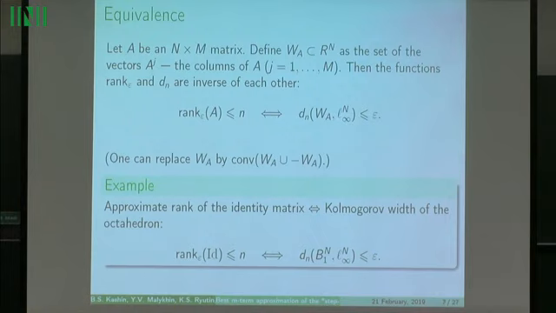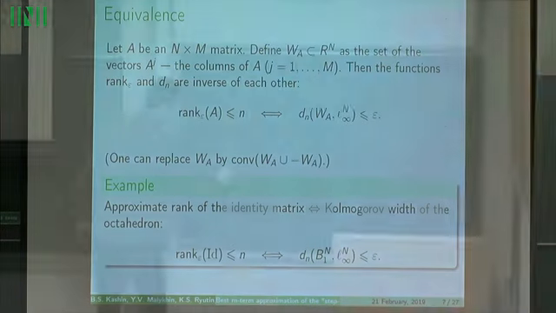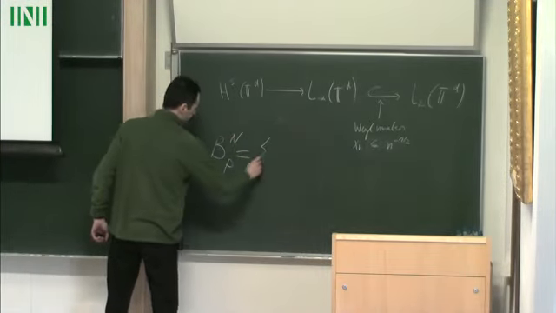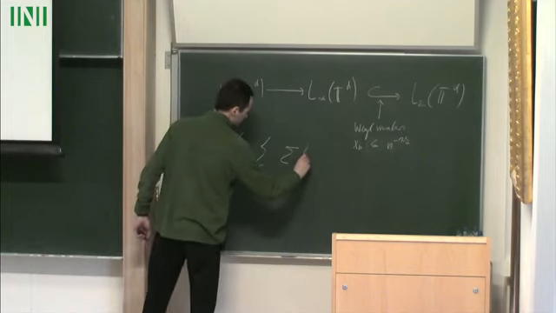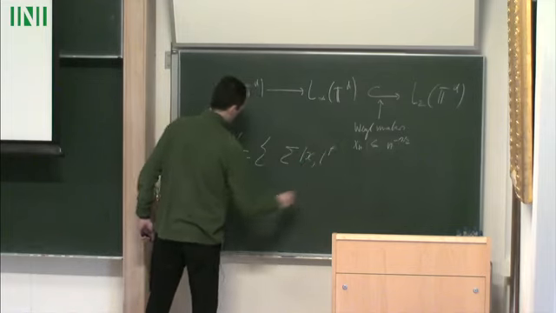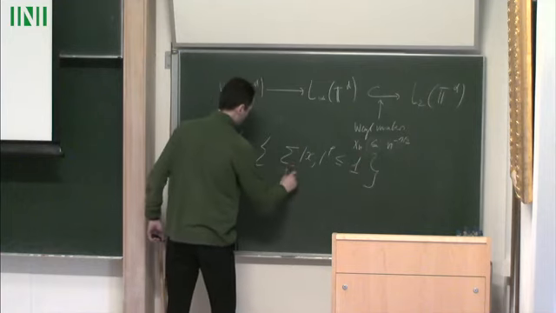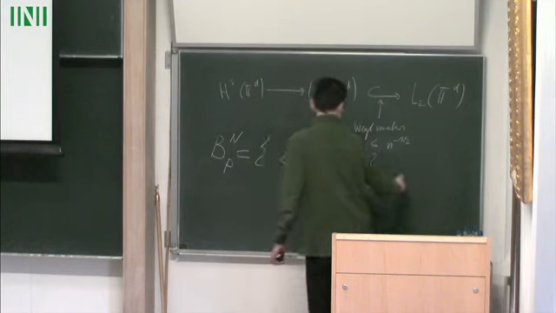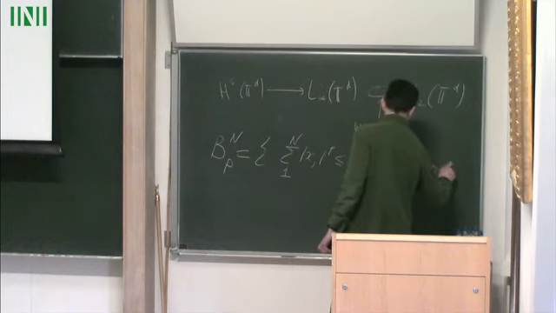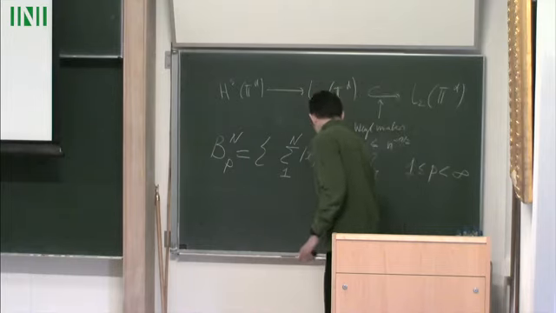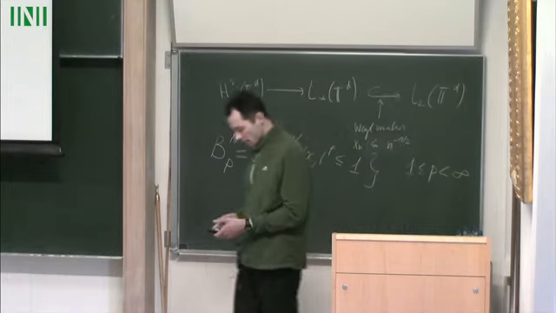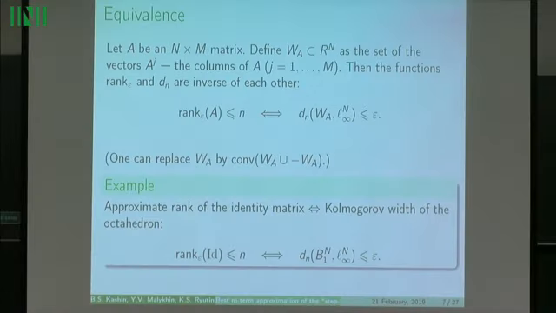As usual, we set the usual definition of the l_p ball in R^n, and here we have this l_1 ball, or an octahedron.